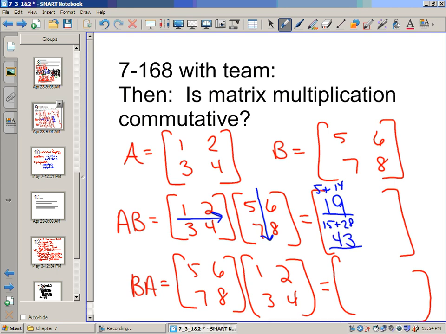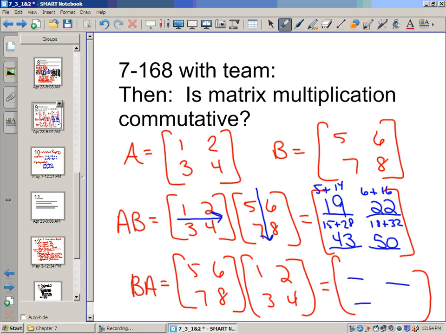How about row 1, column 2? 6 plus 16 is 22. And row 2, column 2. Good. And that is 50.